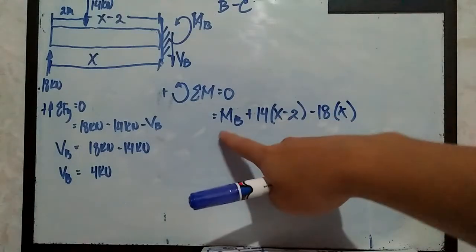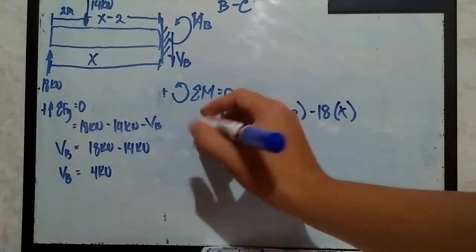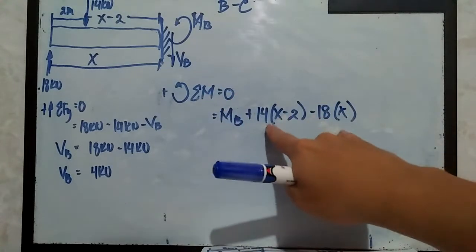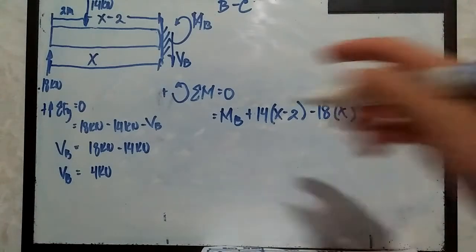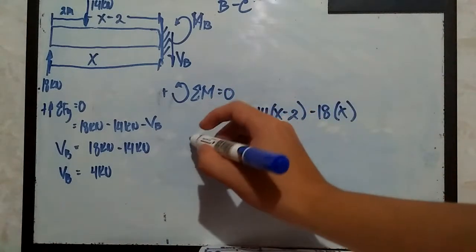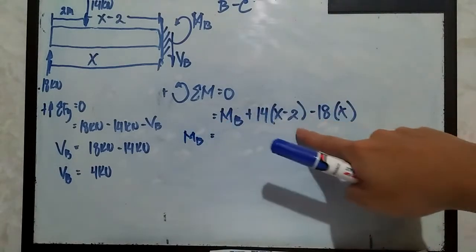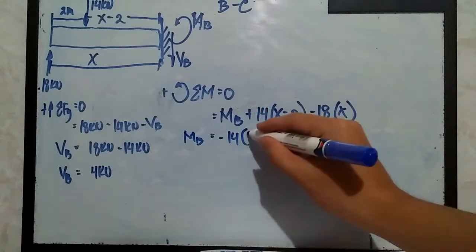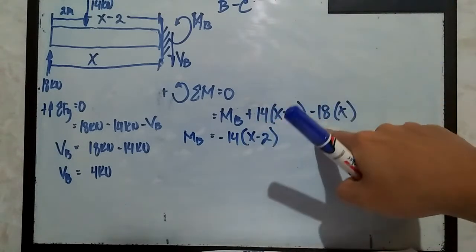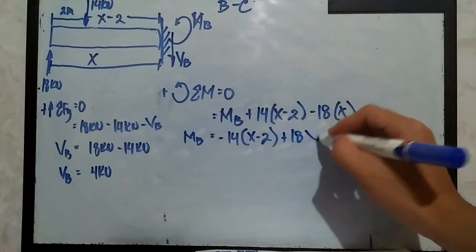Then we just need to isolate M sub B because this is the parameter that we need to solve, by transposing everything to the other side and rearranging, following some algebraic operations. So M sub B is equal to negative 14 multiplied by X minus 2, then the negative term transposed becomes positive 18X.